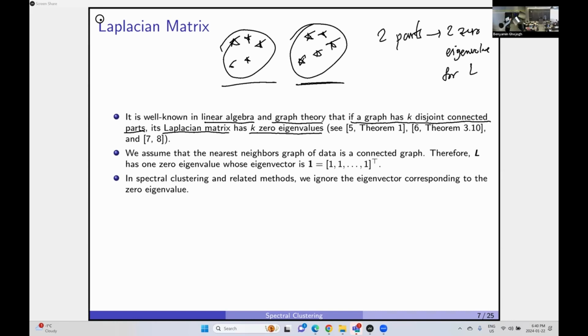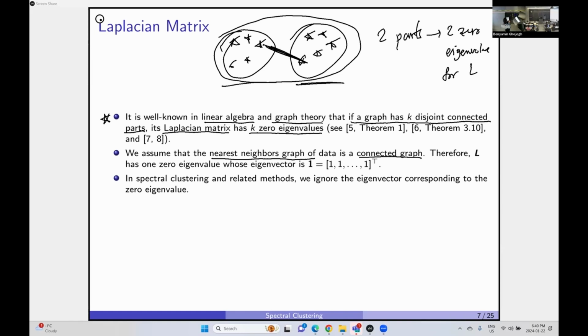Okay. So we assume that the nearest neighbor graph of data is a connected graph. So we set k in a way that the whole graph is connected; at least one edge will be there. In this case, according to this theorem, I will have one zero eigenvalue for the Laplacian matrix because I will have one part.